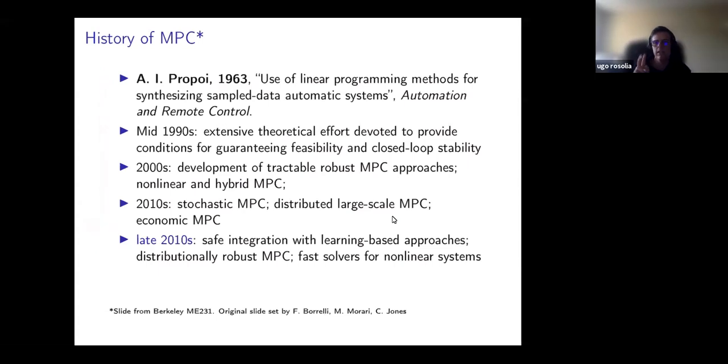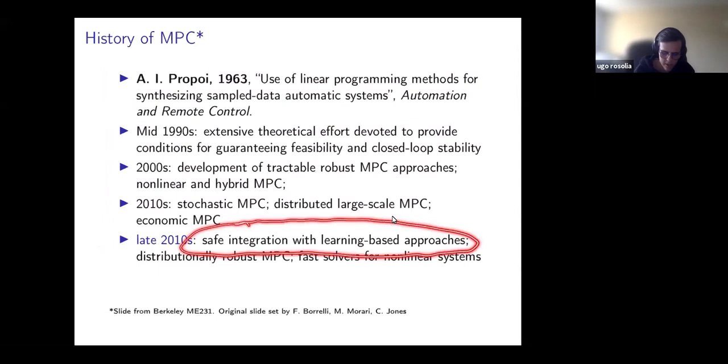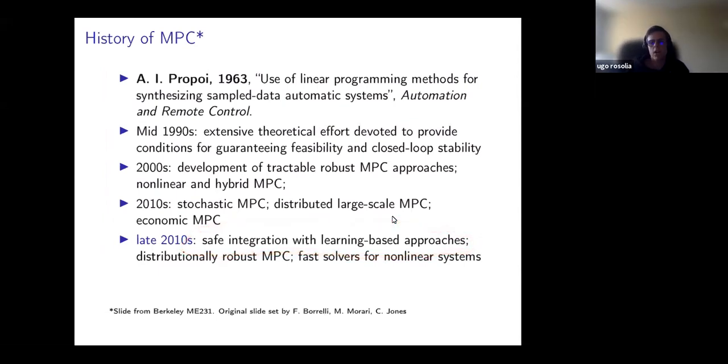I just want to underline two current research directions, which are very active, and those might also be ideas for a final project. So the first research direction is how to integrate learning, and in particular model-based learning, with this receding horizon idea.